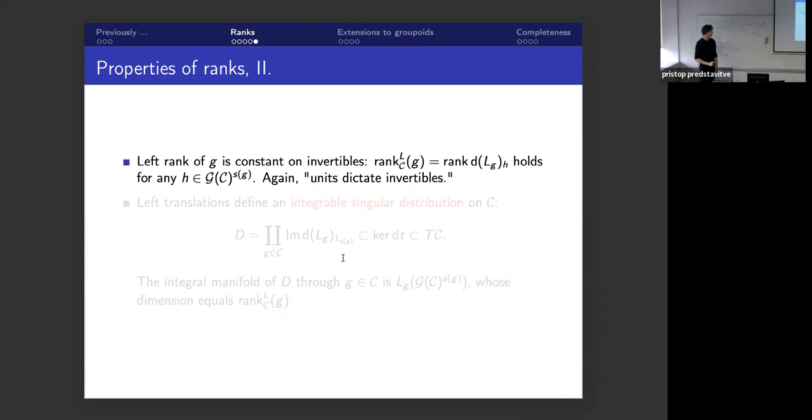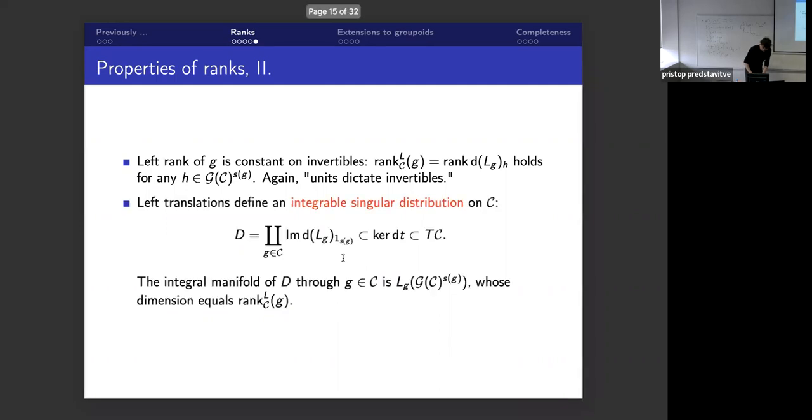So this is our notation again. And this guy has constant rank now, and that's basically saying what's written on the board about rank. Okay, and for the last one, you can see we're ascending in difficulty here, on how to show certain properties of ranks.